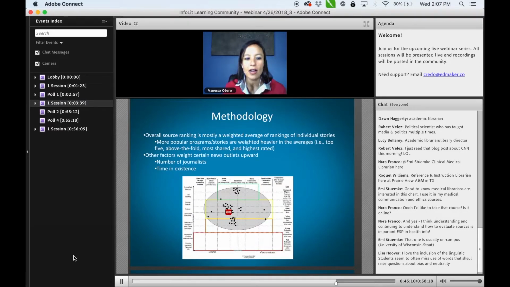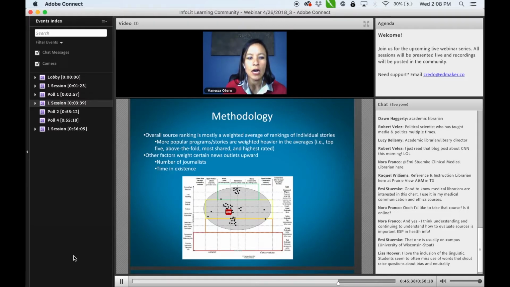So a scatter graph of, say, CNN, for example, would look like this, where, and now it's a little small and hard to see, but each of those black dots would represent individual stories and where they would be rated individually along this chart. And then the weighted average would be the ultimate place of CNN. So a measure of not only where the stories fall, but which ones are the most popular.